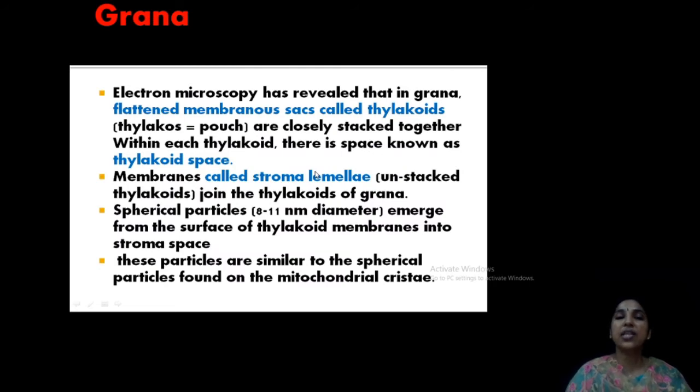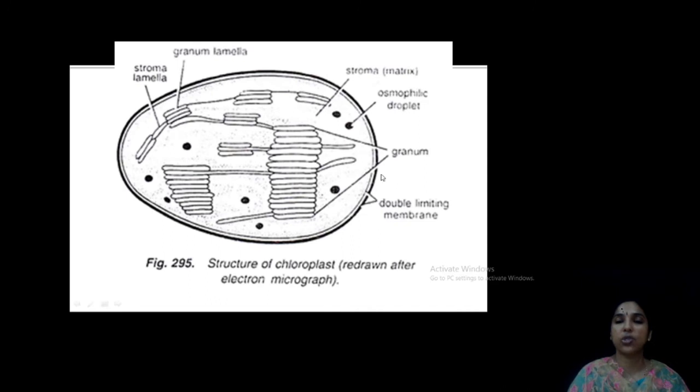Within this, they are tightly packed together, and there is a space known as the thylakoid space in between. Membranes called stroma lamellae interconnect or join the thylakoids of grana. See, there are stroma lamellae here, joining the grana.